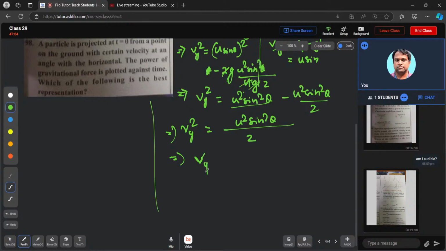Vy is u sin theta by root 2. This is the velocity along y direction.